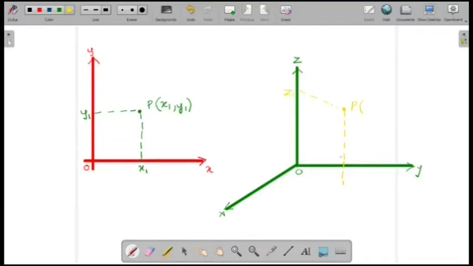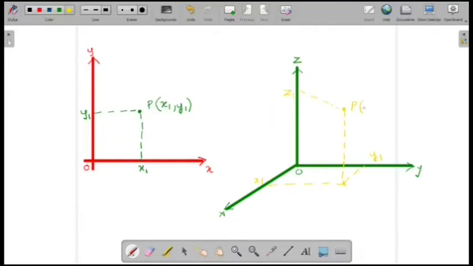Then I will say that it is some distance away along the x, so that distance is x1, and finally it's some y1 distance away, so that's y1.